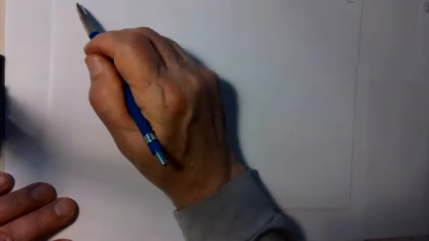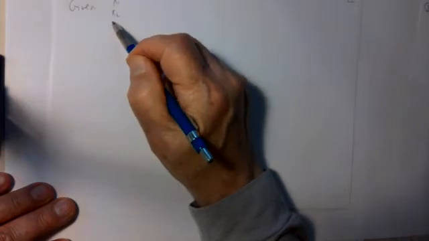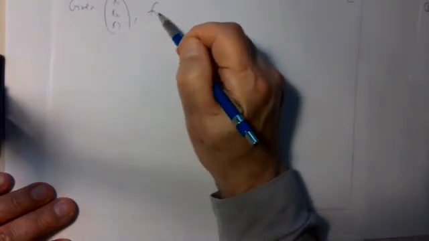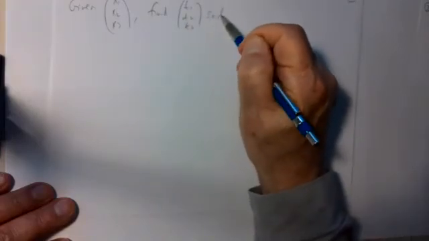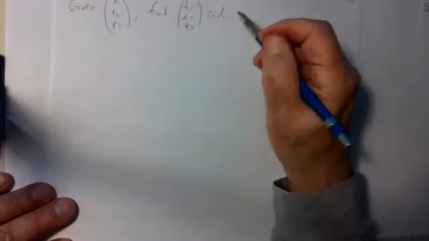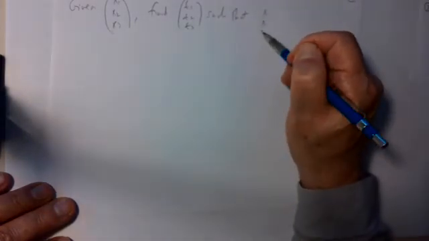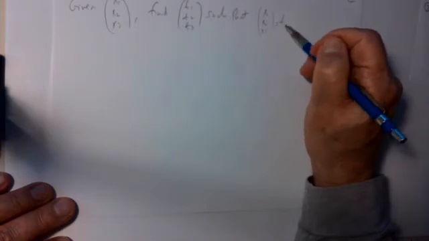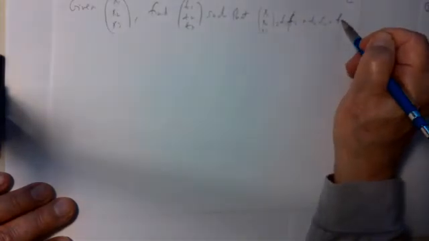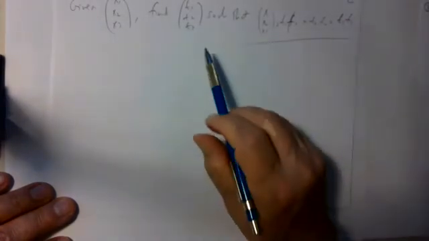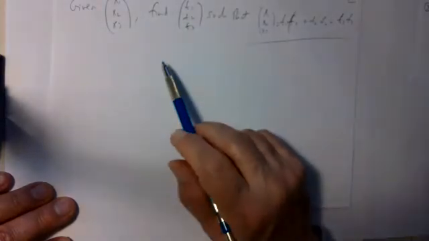That is, given, let's say, (x1, x2, x3), find a vector (T1, T2, T3) such that (x1, x2, x3) is T1 times F1 plus T2 times F2 plus T3 times F3. These are the equations where the unknowns are T1, T2, T3.